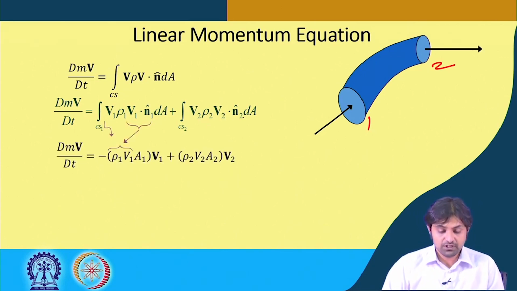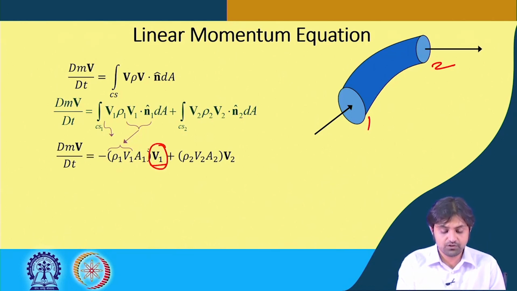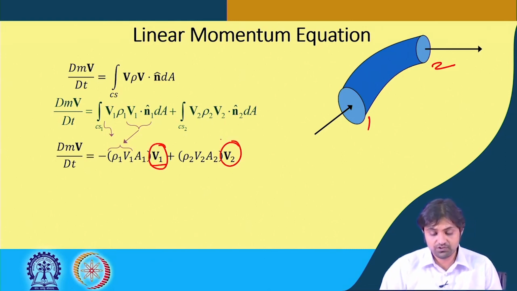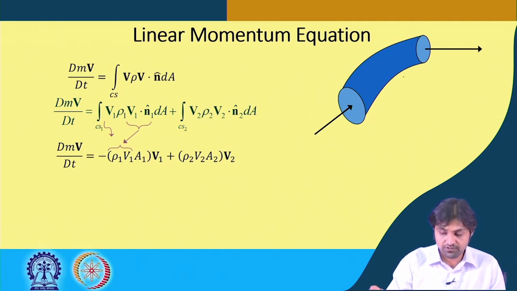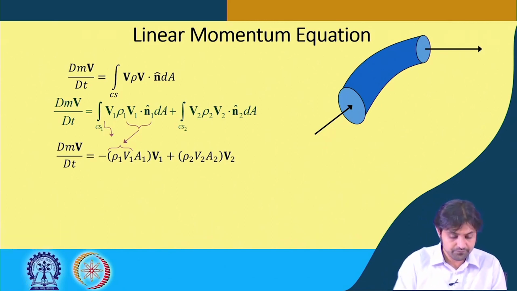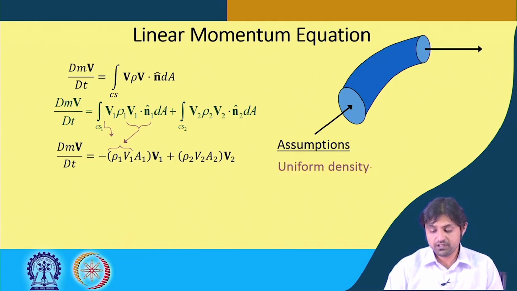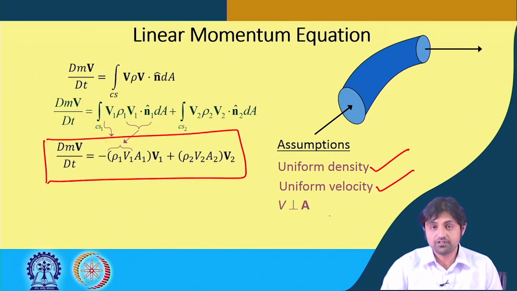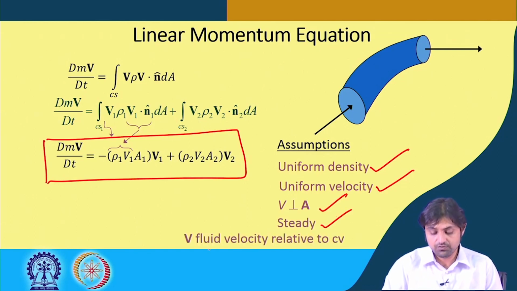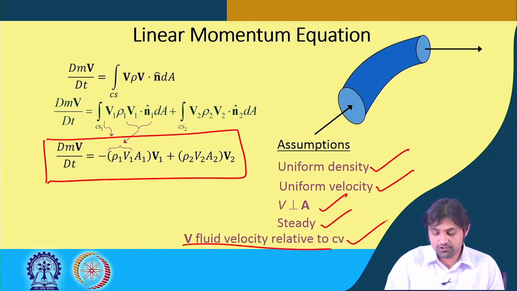Or we can simply write rho 1 V1 A1, where V1 takes care of the direction, and V2 takes care of the other direction, because this is pointing outward. If we take this direction as positive, that is why this is negative. The assumptions are uniform density, uniform velocity, V always perpendicular to the area, and steady state. V is the fluid velocity relative to the control volume.